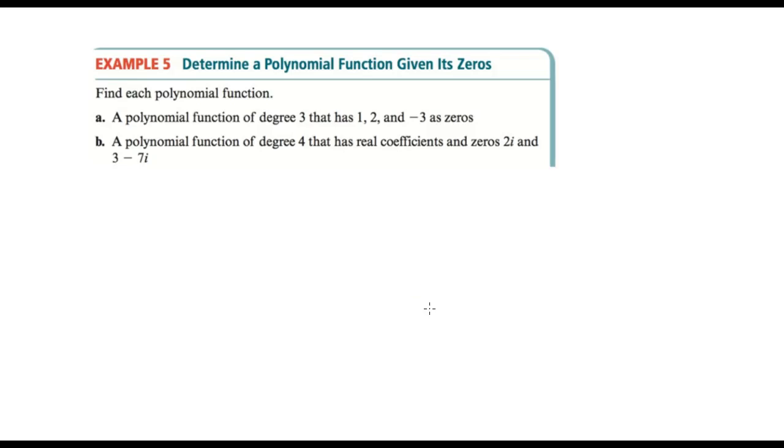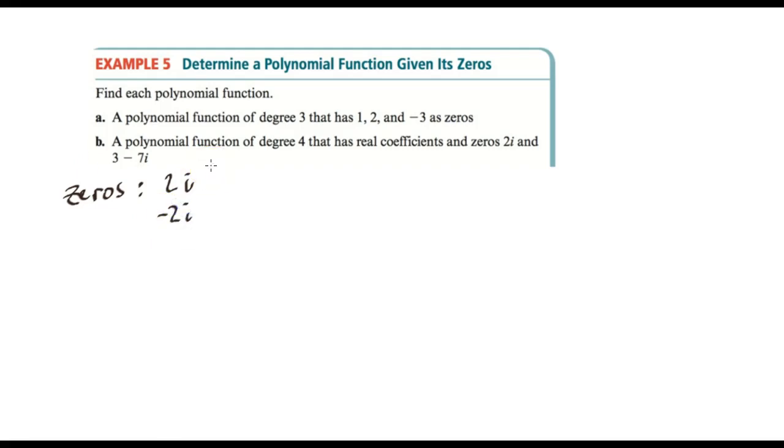All right, so let's look at part B, and we're going to end up using the complex conjugate pair theorem for this problem. Keep in mind that if we have zeros of 2i, then that will tell us that we also have negative 2i as a zero.